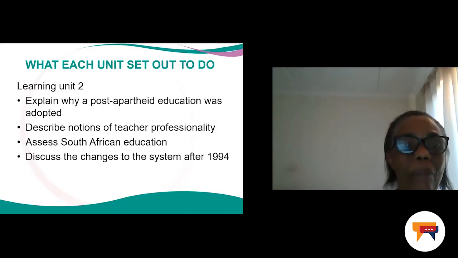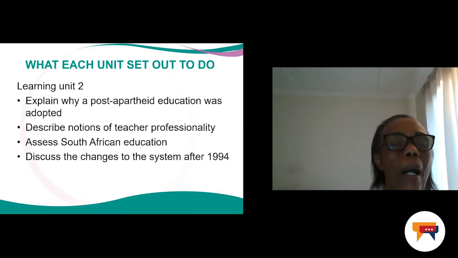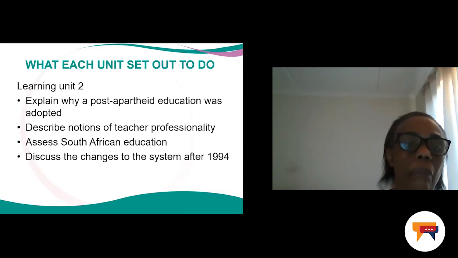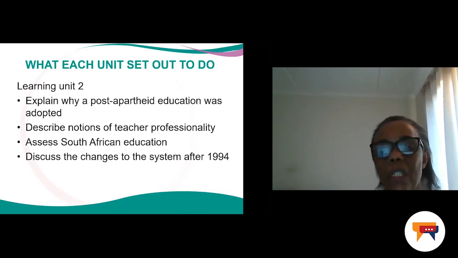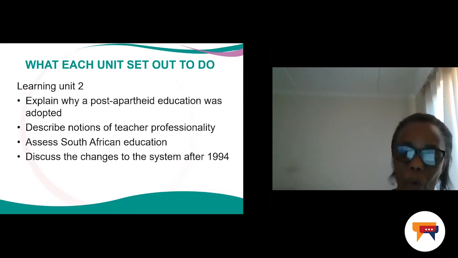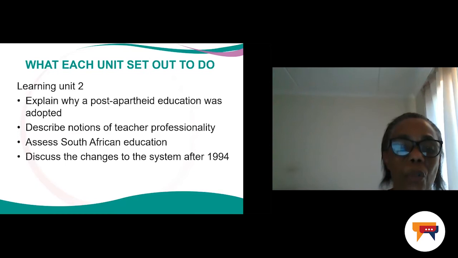Learning Unit 2 explains why a post-apartheid education was adopted. It describes notions of teacher professionality, assesses South African education, and discusses the changes to the system after 1994, in other words, in the new South Africa.